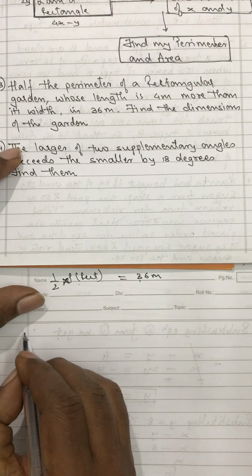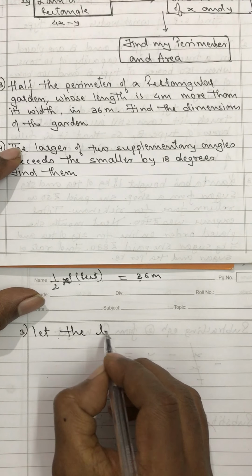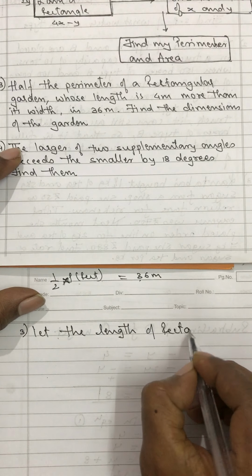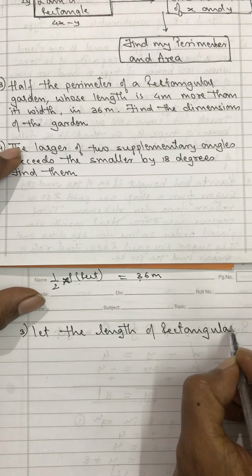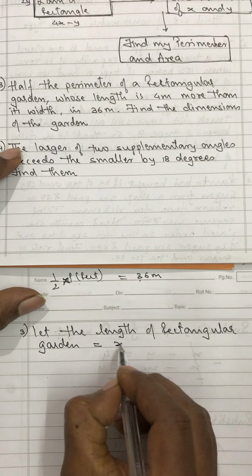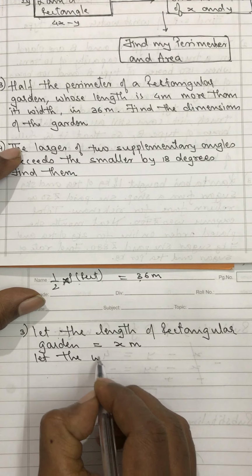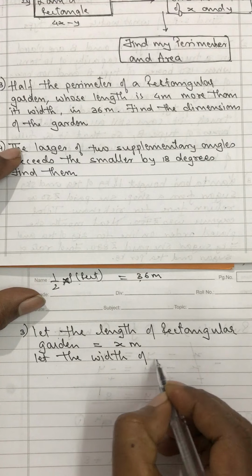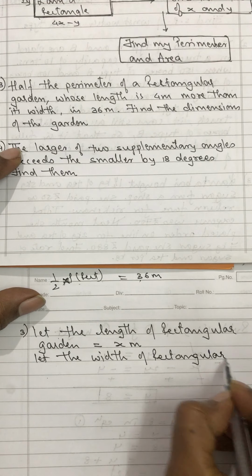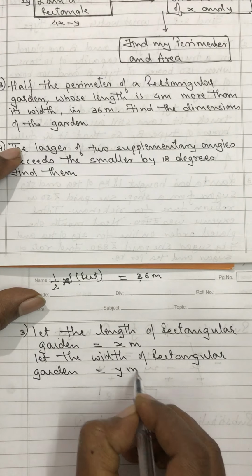So here, let the length of the rectangular garden be equal to x meters and the breadth be y meters.